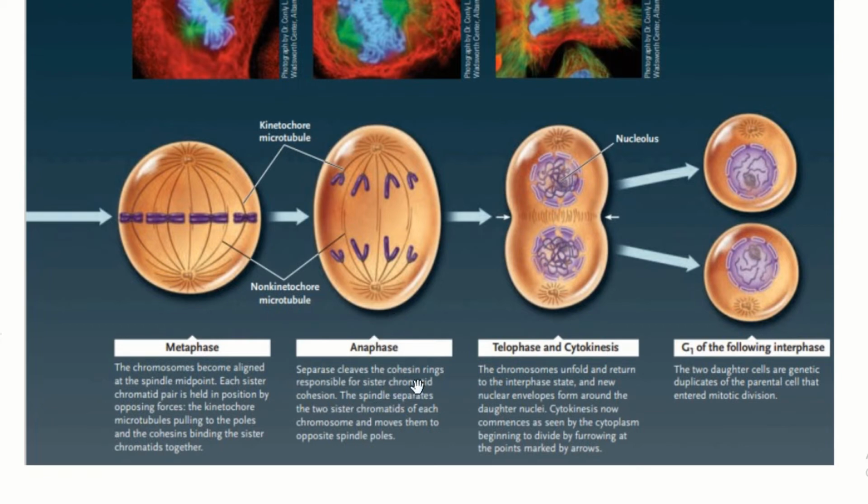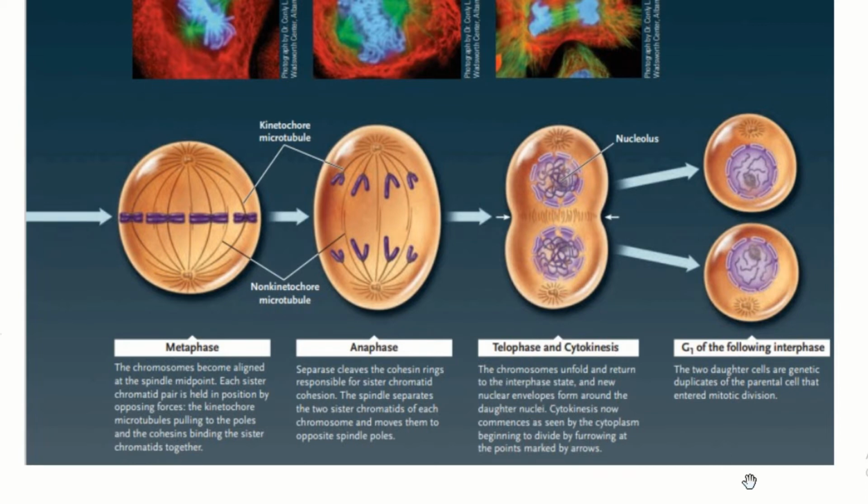Separase cleaves the cohesin ring responsible for sister chromatid cohesion. The spindle separates the two sister chromatids of each chromosome and moves them to opposite spindle poles. Here you can see the chromosome splits into chromatids and they are being pulled to the poles by the kinetochore microtubules.